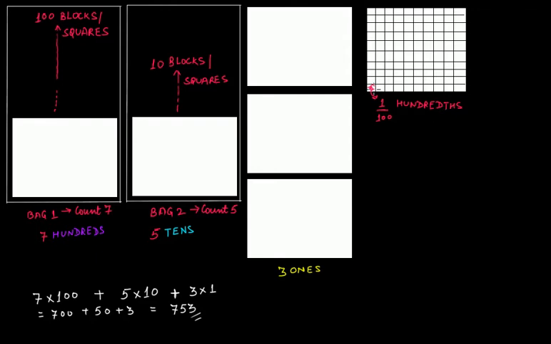So if only this one portion is given to you, then your number will be 753 and 1/100ths. Why? Because only one portion is given to you, hundredths.